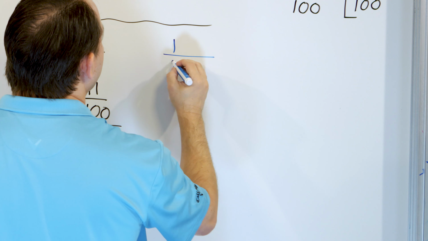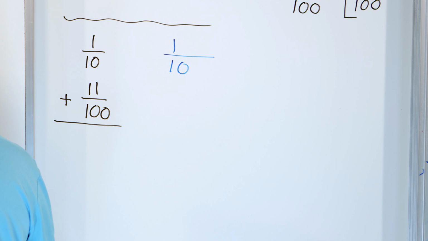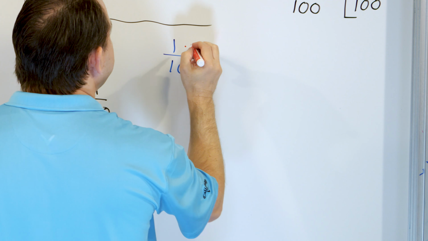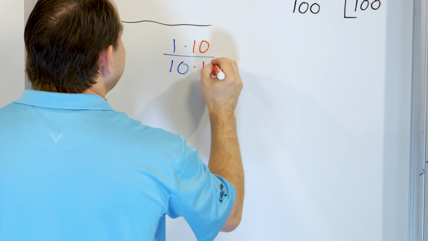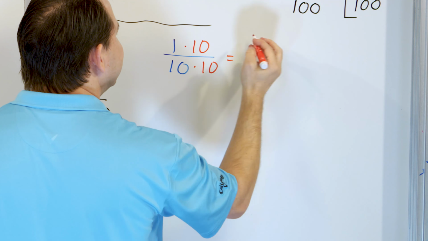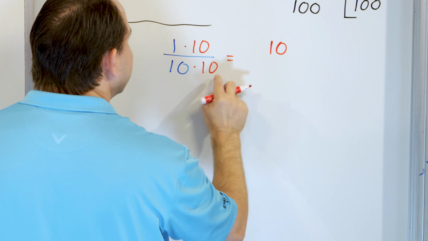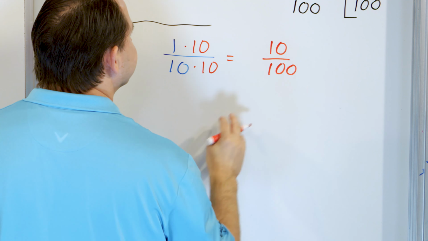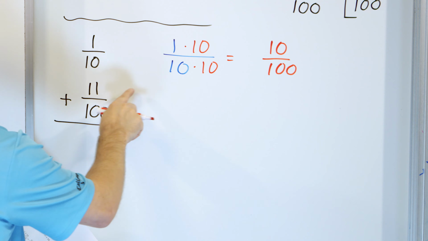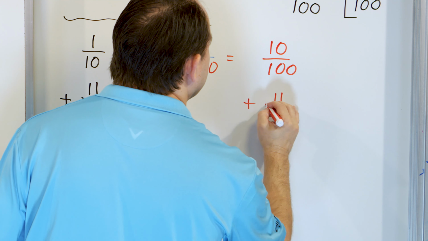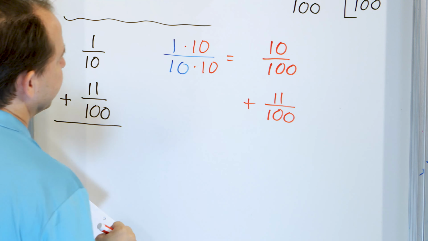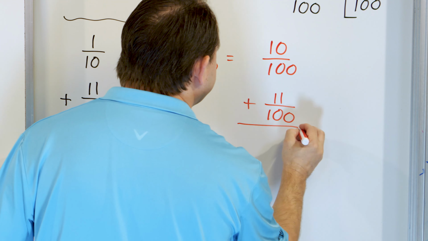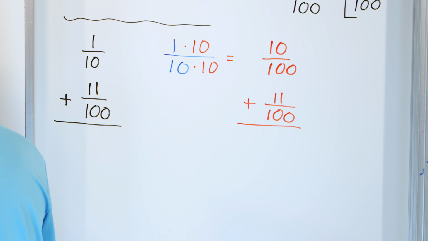So let's start out with 1/10, and let's multiply top and bottom by what? By 10, because that's going to give us 100. So 1 times 10 is 10, and then 10 times 10 is 100, just like this. And we're adding to it 11/100ths. And now the denominators match completely, so we can add these fractions together.